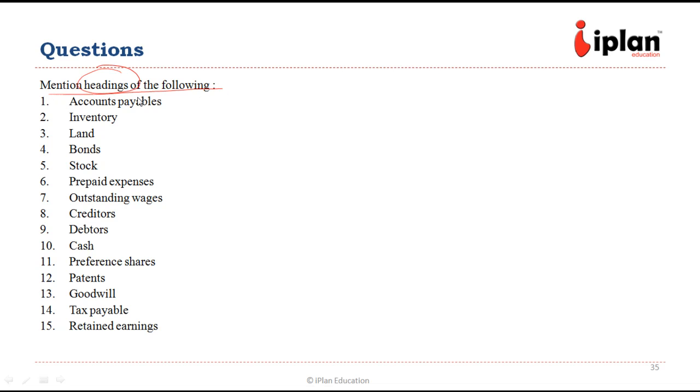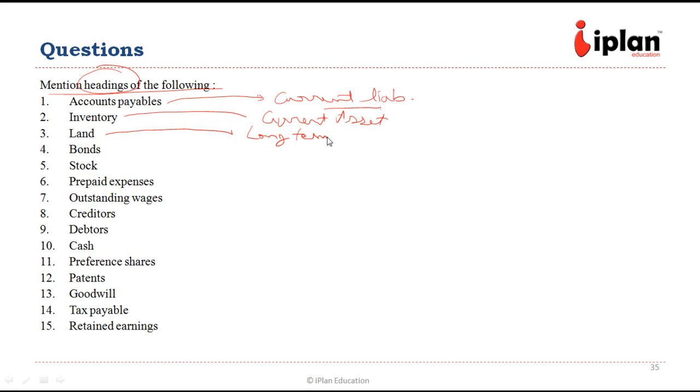Now let us look at the headings under which these various elements come. We know the accounts payable are liabilities, which are short-term liabilities or current liabilities. Inventory is a current asset. We know land is a long-term asset and it cannot be depreciated.